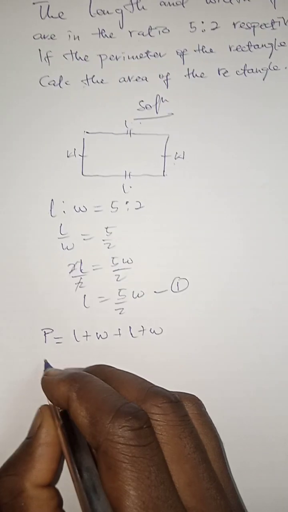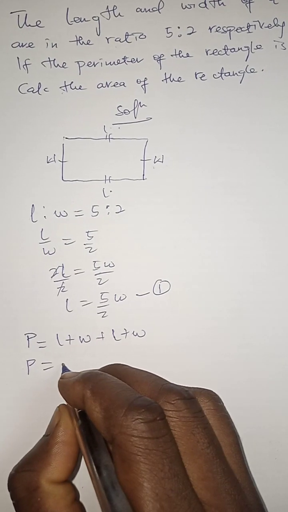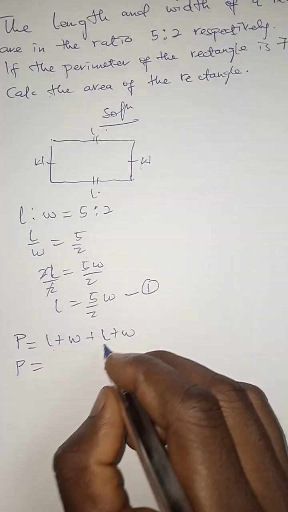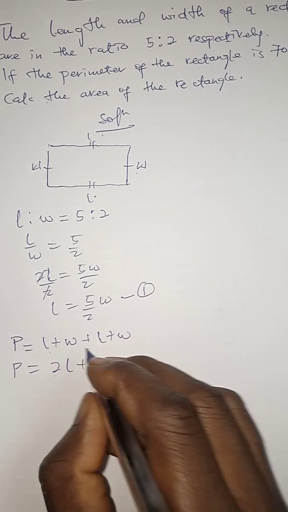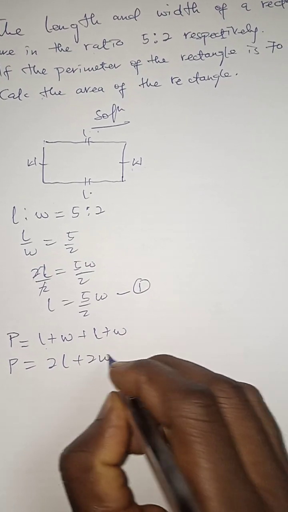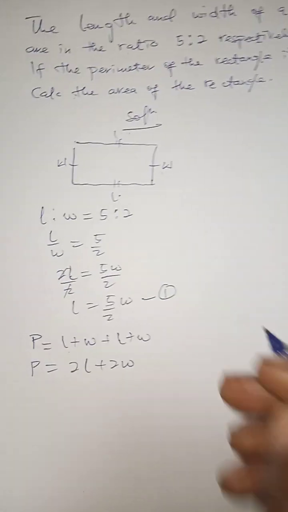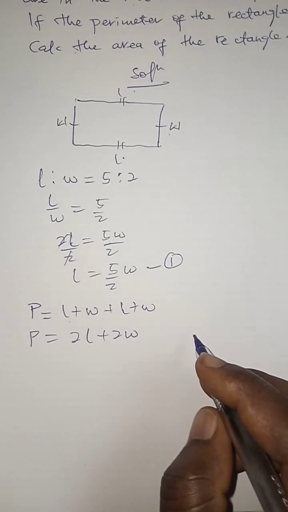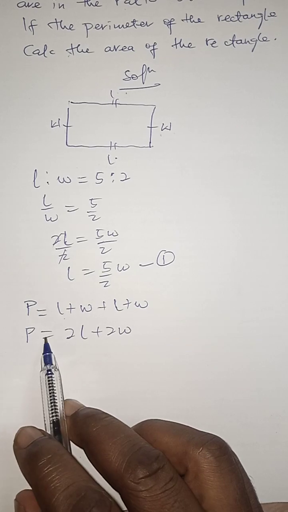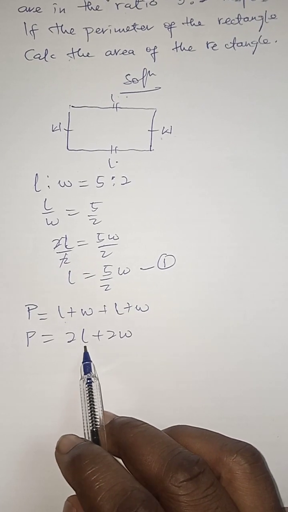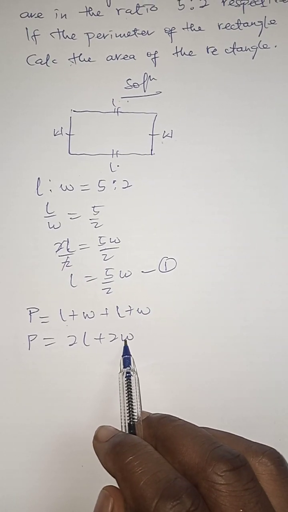So this will add to give perimeter equal to length plus length, which gives 2 of the length, plus W plus W, which gives 2 of the W, right? Okay, so now we've gotten the formula for the perimeter, P is equal to 2 of the length plus twice the width.